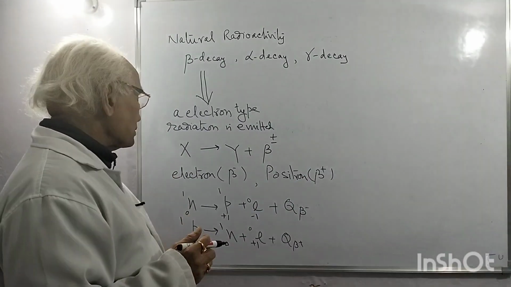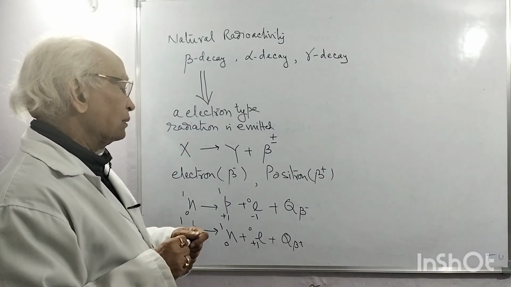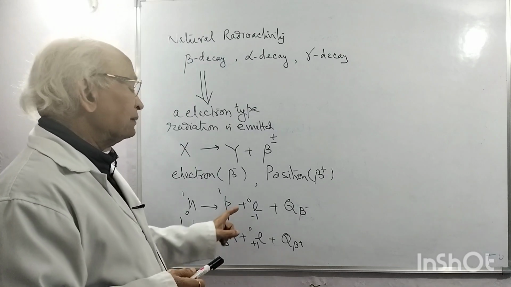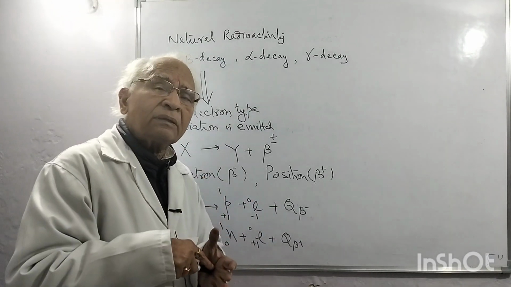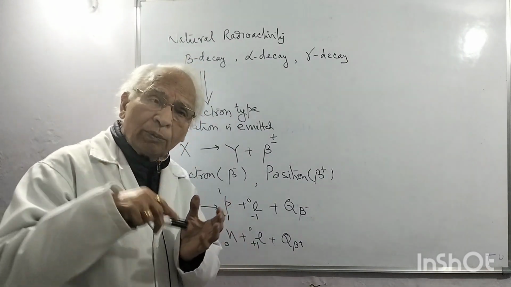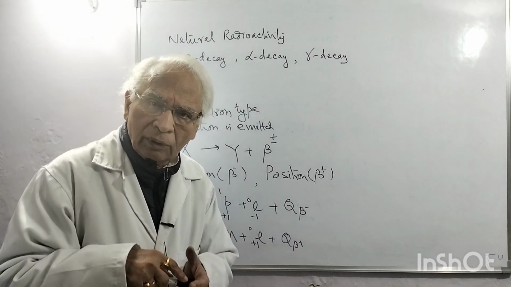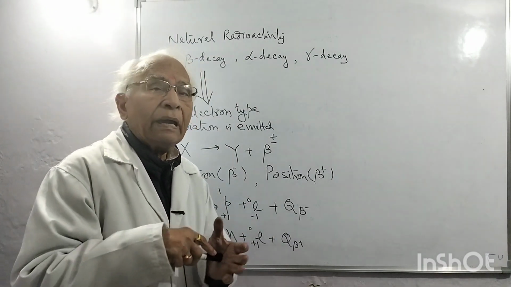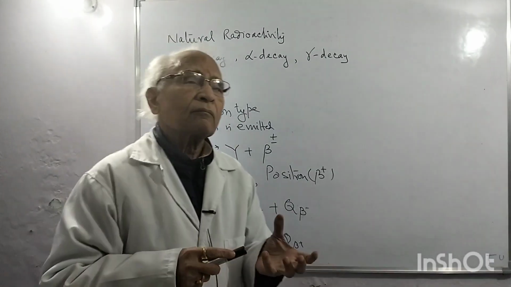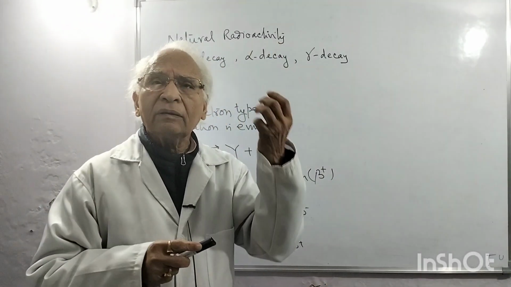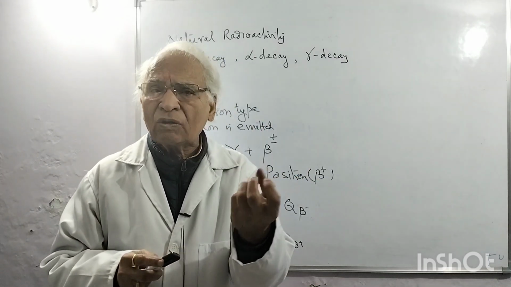But these two processes are called beta decay, beta negative or beta positive. And I told you that this cannot be an atomic phenomenon, because in atomic emission of an electron, some energy is required because electrons are bound. And moreover, whenever an atomic electron comes out by excitation, a hole is created, meaning a deficiency of electron.